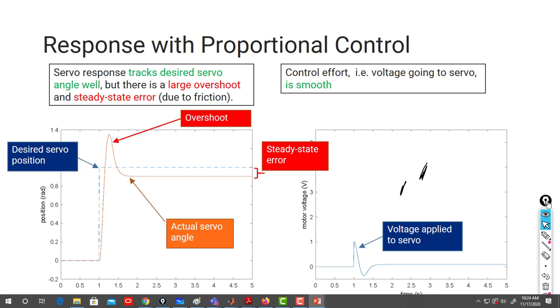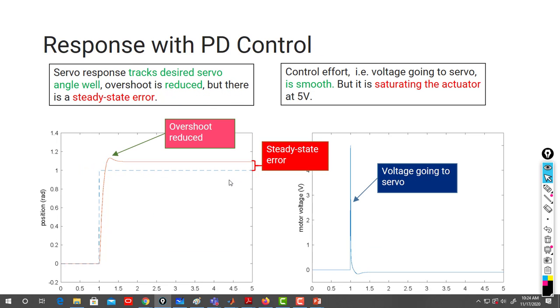Here is the response with a proportional controller for the system. That's a proportional controller: overshoot, steady state error. PD controller: reduces the overshoot, still steady state error, but saturating the actuator.